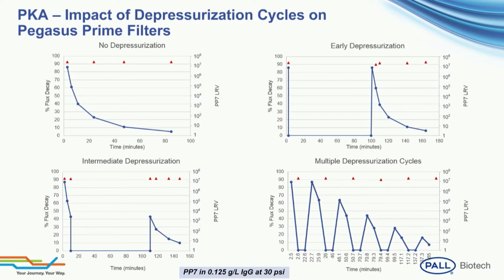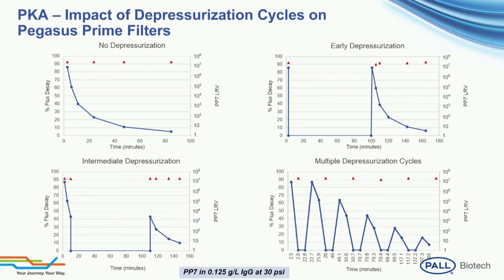Here I am presenting the experimental data of Pegasus Prime filters with respect to virus retention regardless of the depressurization cycles. The first experiment, depicted in the left top graph, was conducted with 0.125 gram per liter of IgG for 2 hours at a pressure of 30 psi.